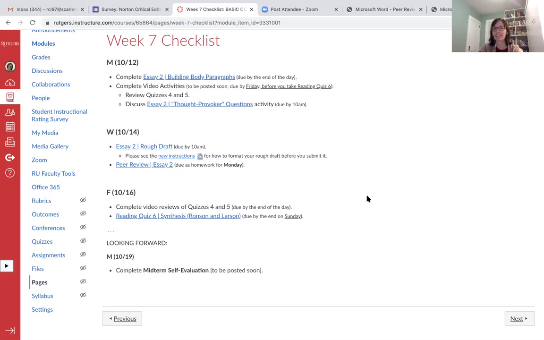And so reading quiz 6, it's going to have questions very similar to what we saw in reading quiz 3, where we put Gladwell and who into conversation. So questions like, how would Ronson respond to some of the claims that Larson makes and vice versa?